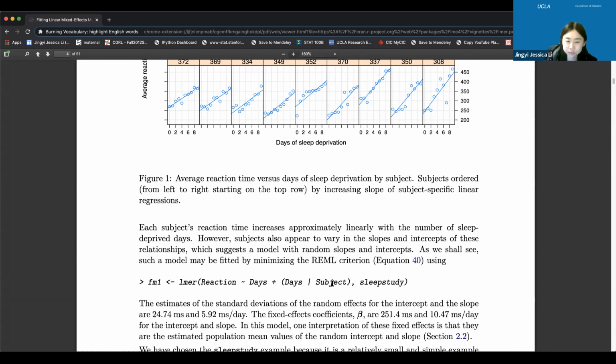This specific formula in R will allow you to fit a linear mixed effect model, and it will automatically include random intercepts and random slopes, and also fixed intercepts and fixed slopes.